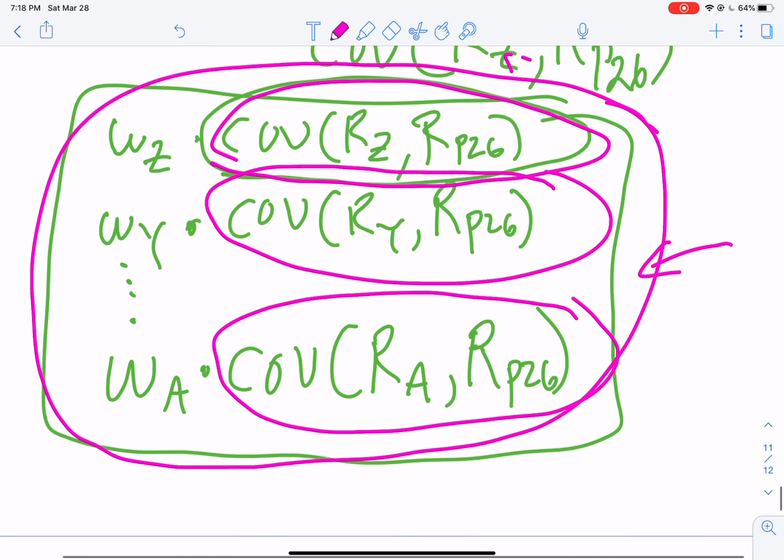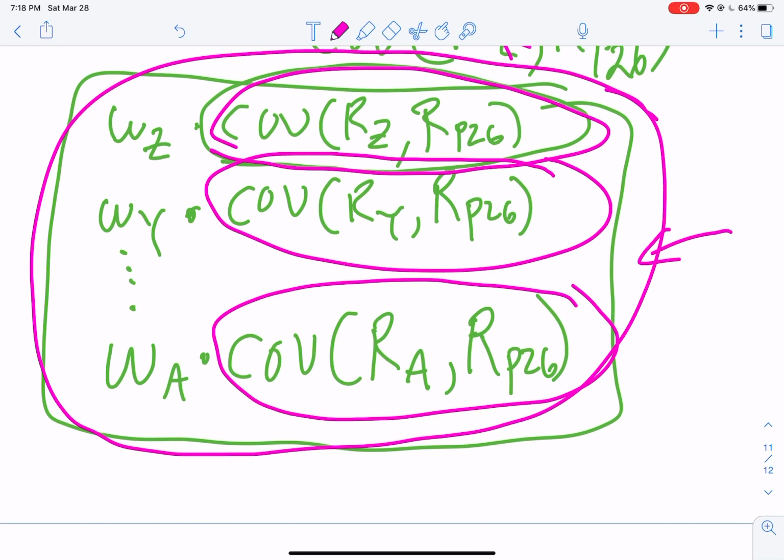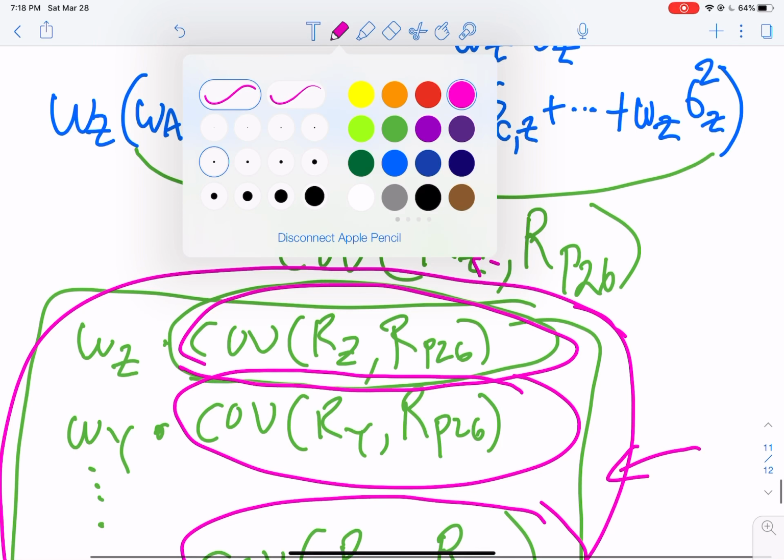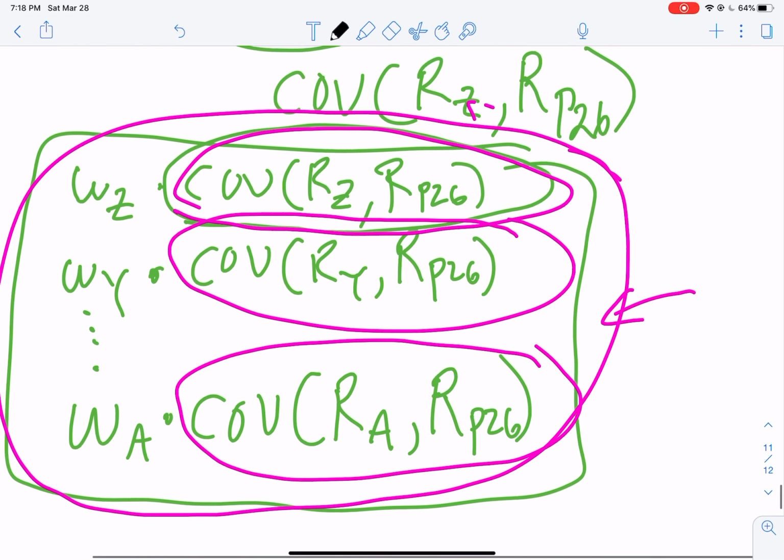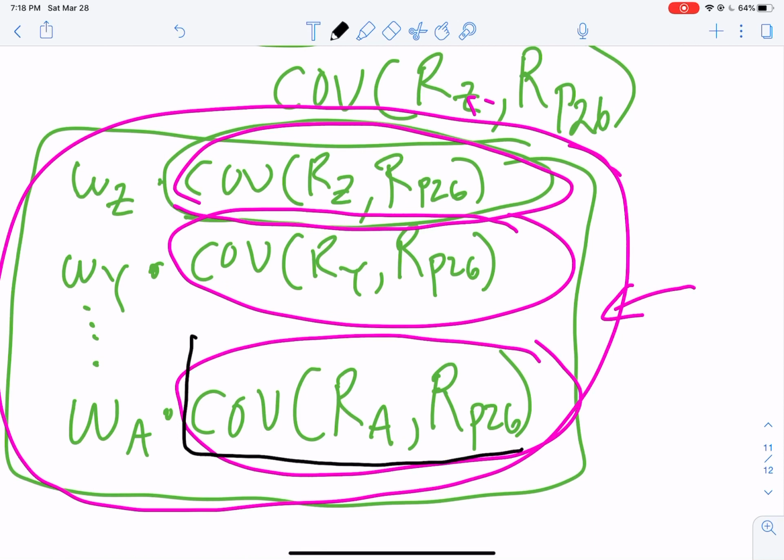And this ends up being very powerful because, in particular, because of this term right here. The importance of that term right there, which of course is the same as this term here, just for a different stock. But those are the things that I want to make sure you understand well, and that's what's coming up next.